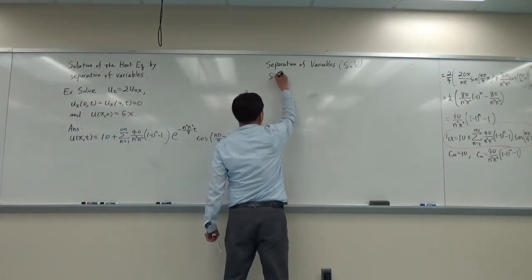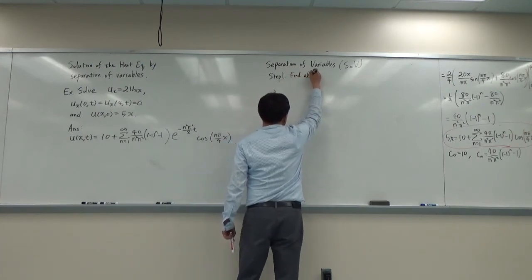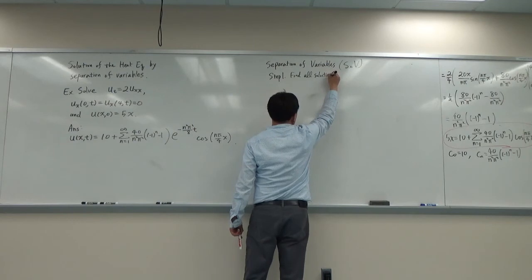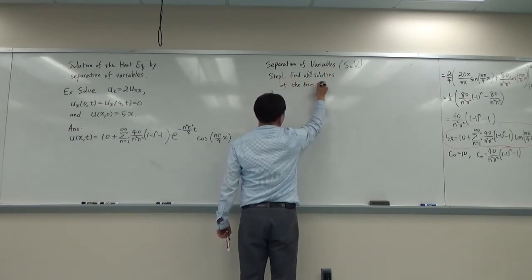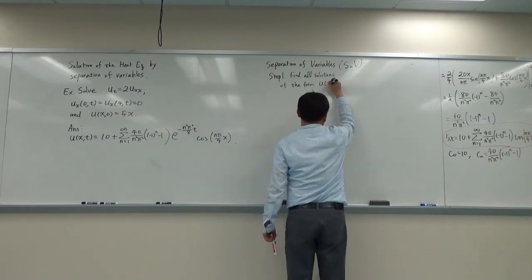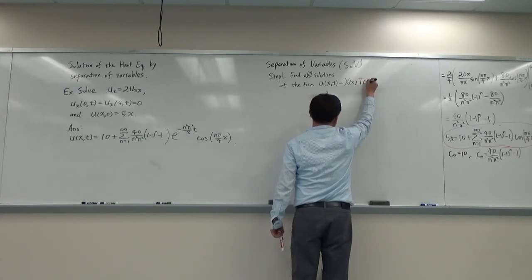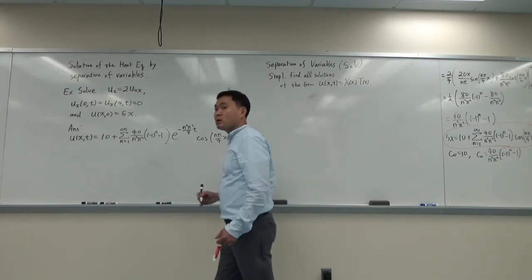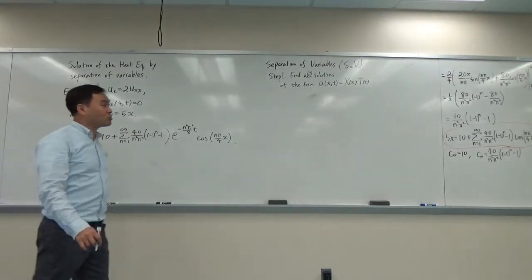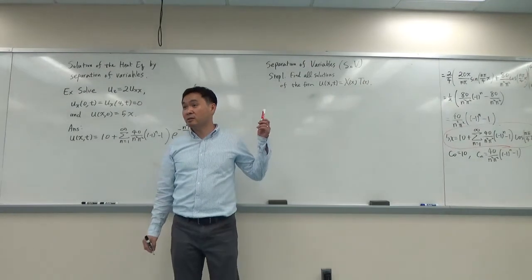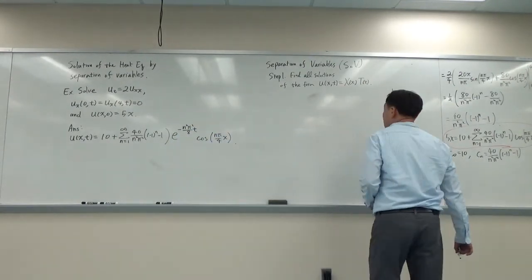Step 1, find all solutions of the form u(x,t) equals X(x)T(t). Now, remember that the wave equation also had x and t? You can solve the wave equation in the exact same way, just using this.